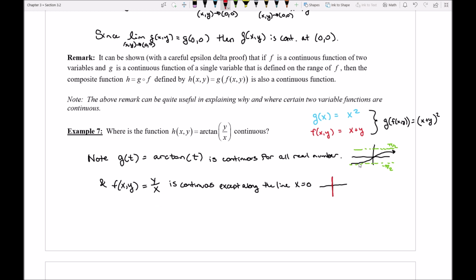Okay. Notice here, I'm sketching two different pictures. This here is the picture of the arctan. This is not the picture of the function. This is just a picture for the domain of that function.